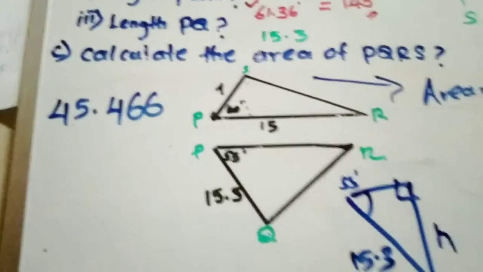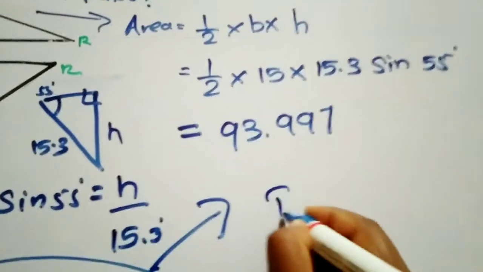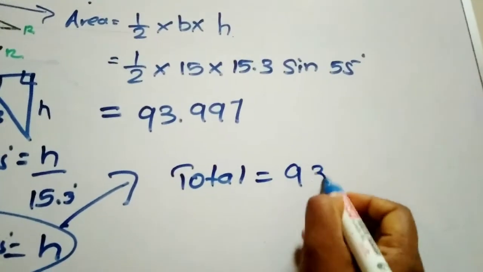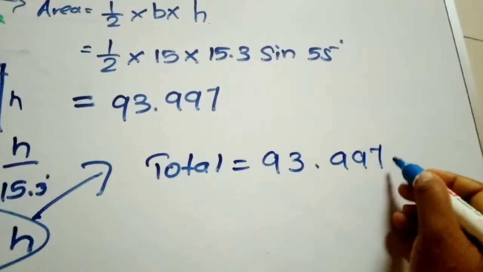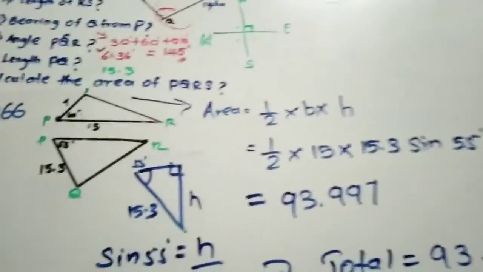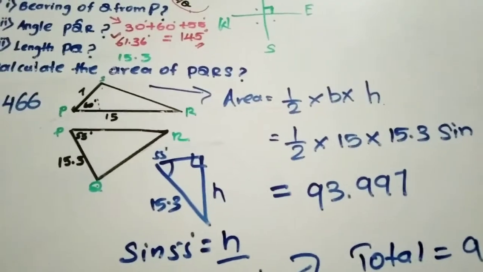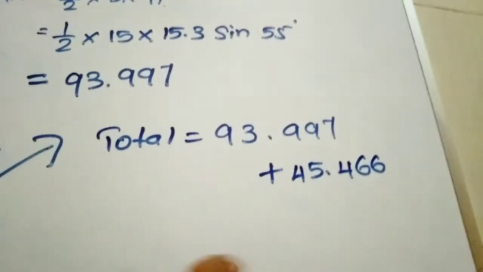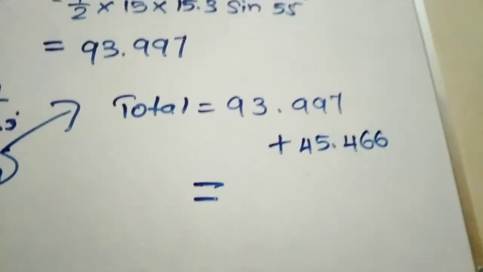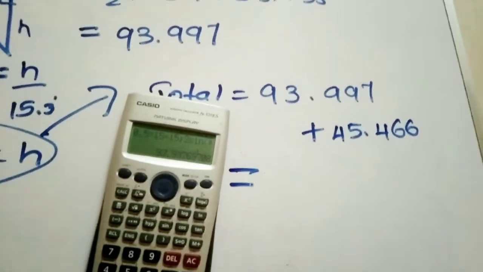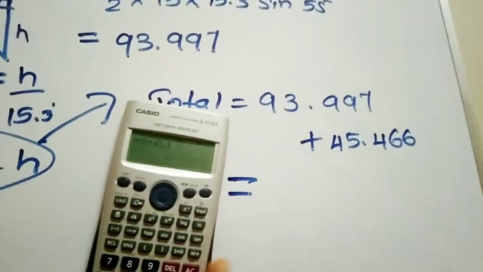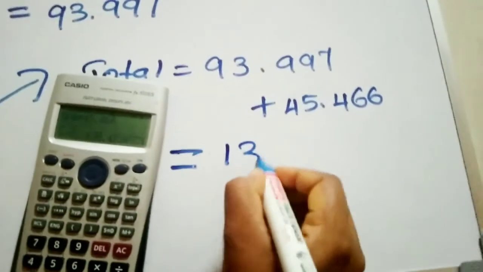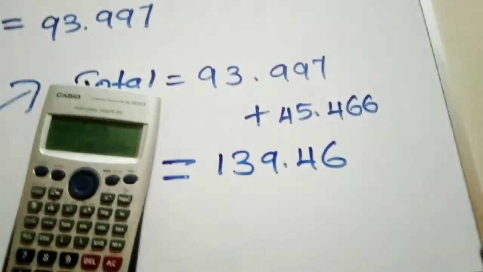What's the total area of PQRS? The previous triangle's area is 45.466. Now this one is 93.997. Then we have to add both of them. Let's simplify and get the answer. 93.997 plus 45.466 is equal to 139.46.